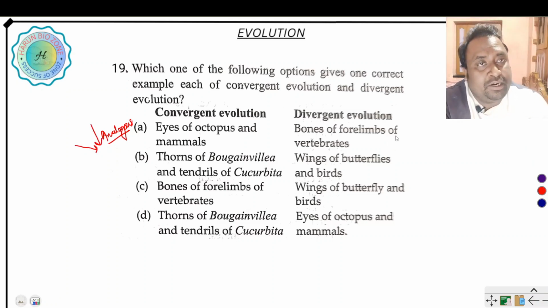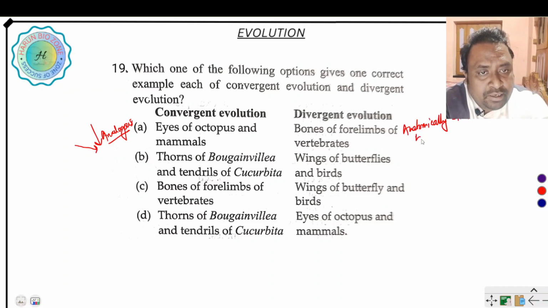Bones of four limbs of vertebrates are anatomically similar but functionally different. They show divergent evolution.